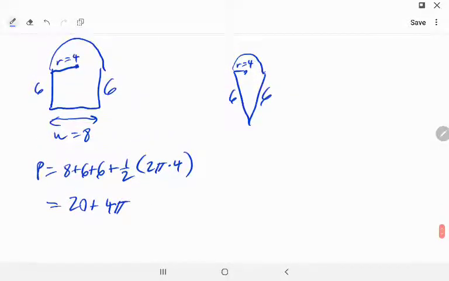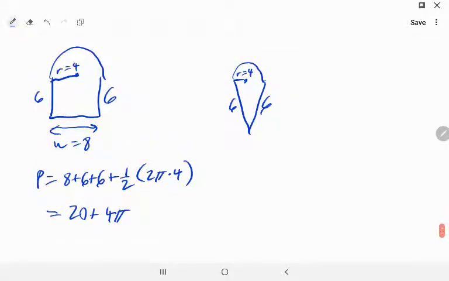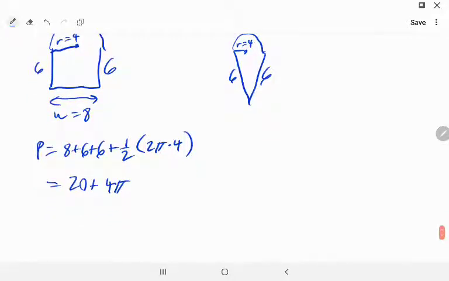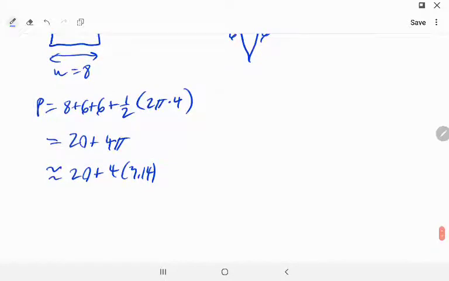When we're dealing with circles, we'll often just leave it in terms of pi. If we want an approximation, we could say that's approximately 20 plus 4 times 3.14, which is 20 plus 12.56, so approximately 32.56.